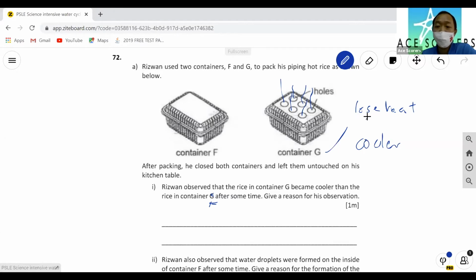Why did it lose heat faster? Because there are more holes. More holes, water vapor escapes, loses heat faster, and therefore it became cooler. Alright?